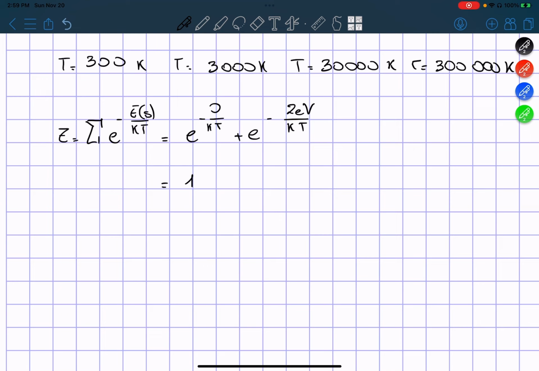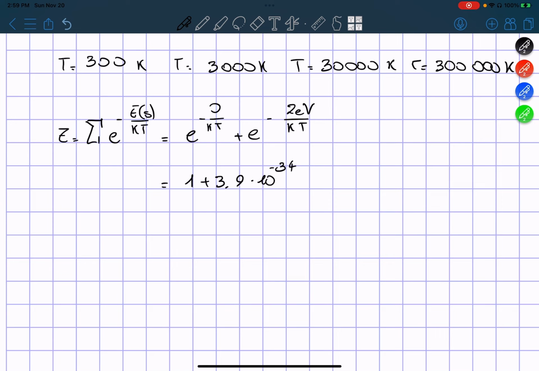e to the power of negative 2, and well, kT will be equal to 0.026 electron volts. So I have to put minus. So we have plus 3.9 times 10 to the power of negative 34.